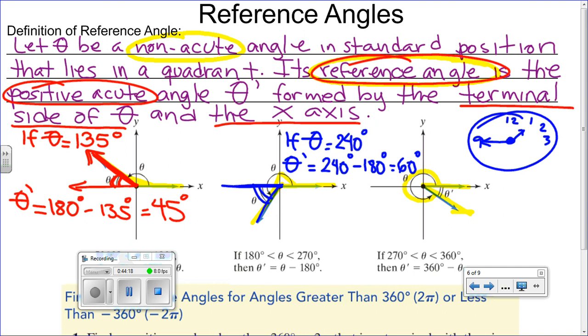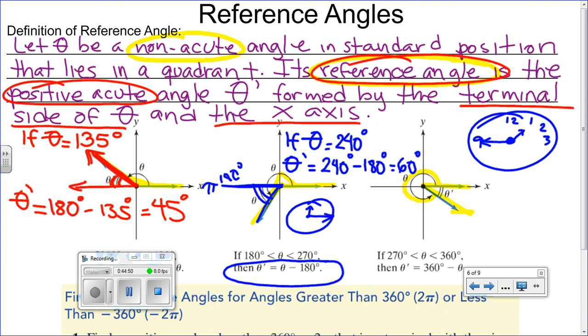So that one is actually a quarter past, like 12:15. So here we went 60 degrees past pi, or 180. That's why we say 240 minus 180. And the formula is actually here.